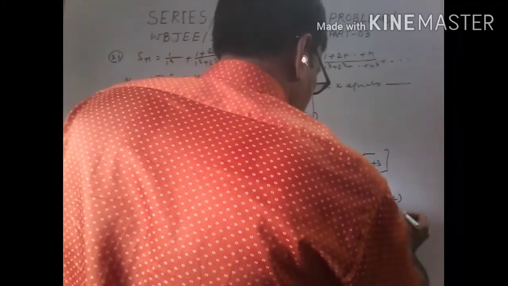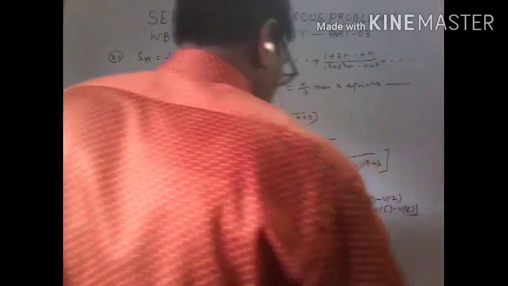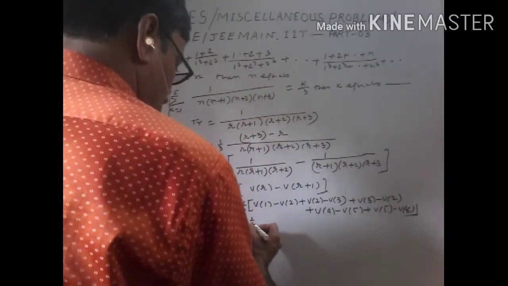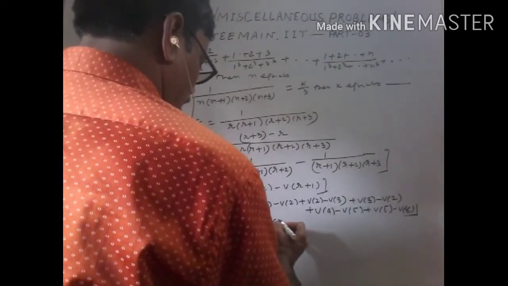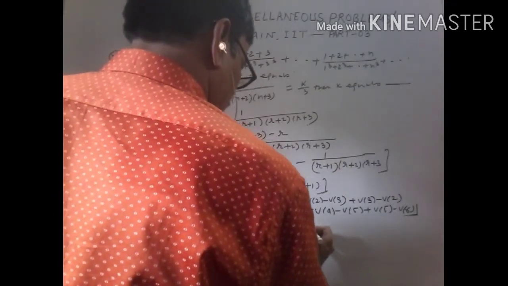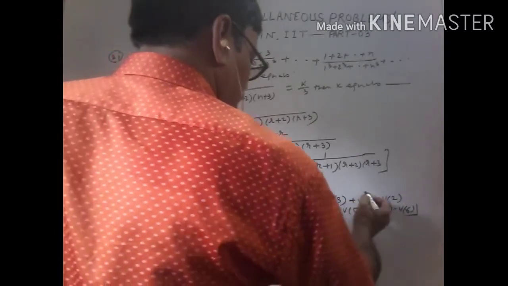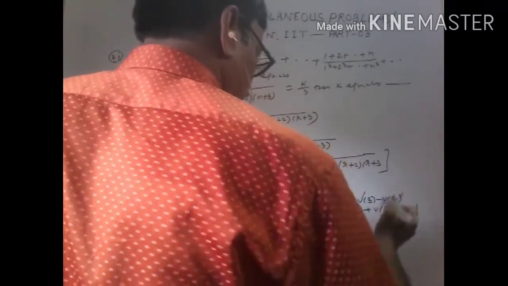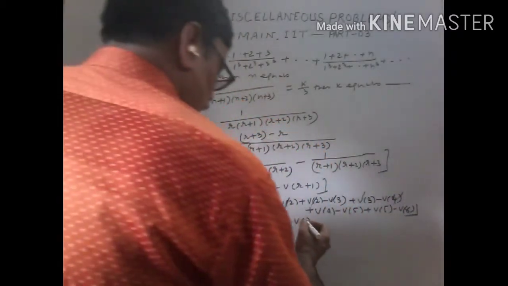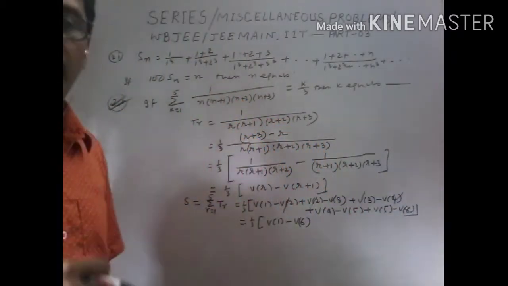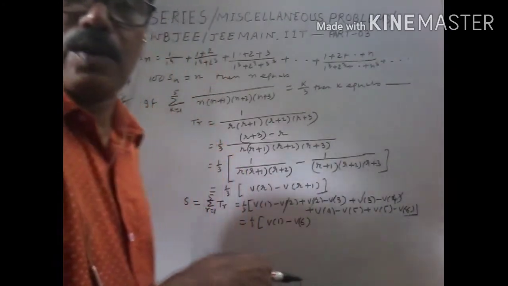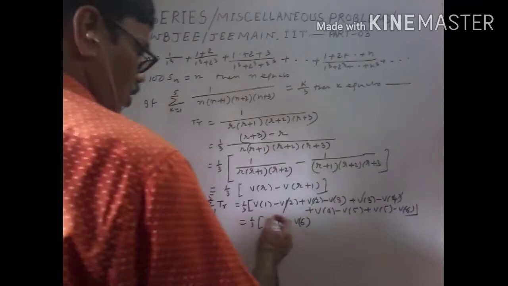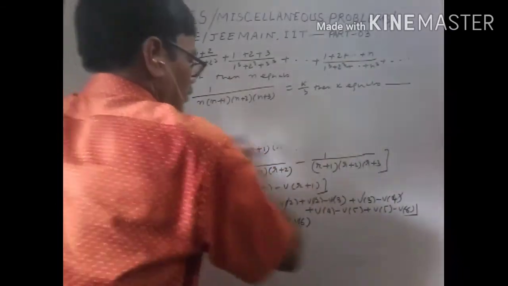T5 is V5 minus V6. So look, all terms are cancelled, 1 by 3 as it is, so only V1 and V6 remain. V2, V3 cancel, V4 cancels, V5 cancels. So we are left with V1 and V6. Now you put the value of V1.